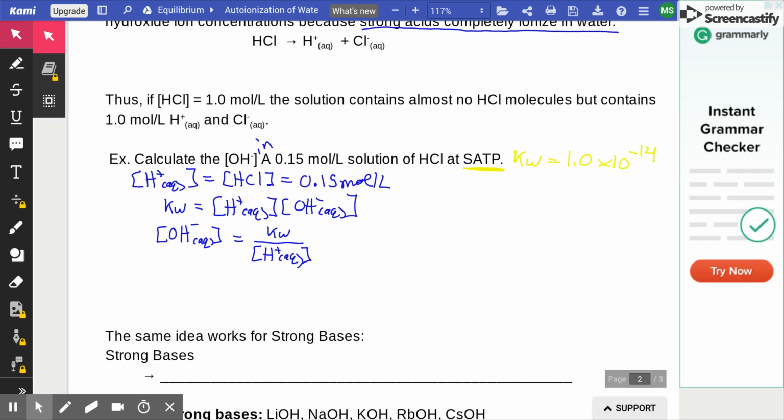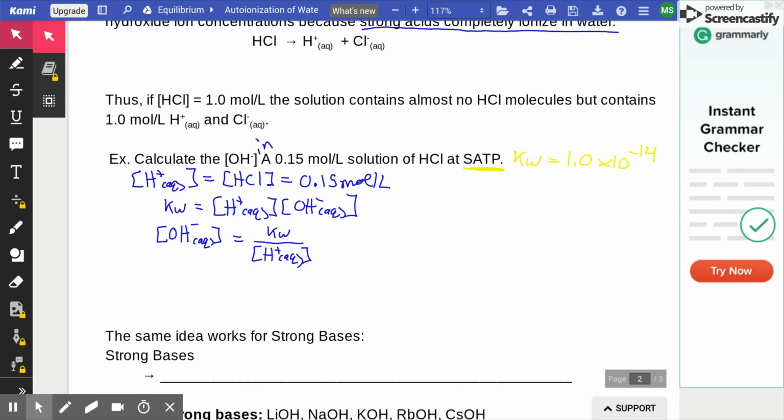We know that our hydrochloric acid is going to completely ionize, so the hydrogen ion concentration is going to equal the concentration of the HCl, which is 0.15 mole per liter. We know our Kw equals the hydrogen ion concentration times the concentration of hydroxide ion.